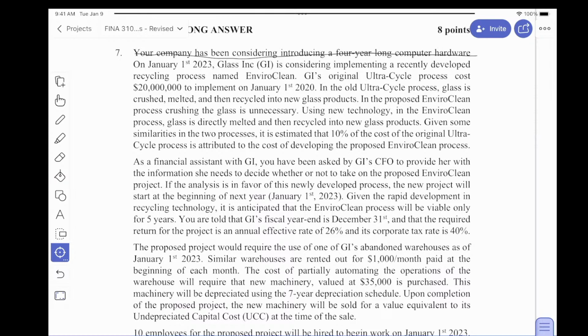Let's see if I have PCL somewhere else. Okay, yeah, it looks like PCL is not there. Is that the one?